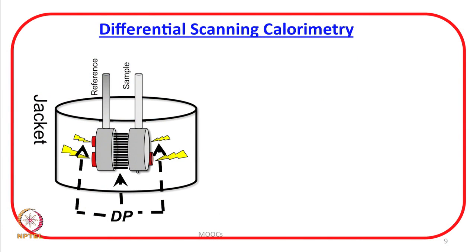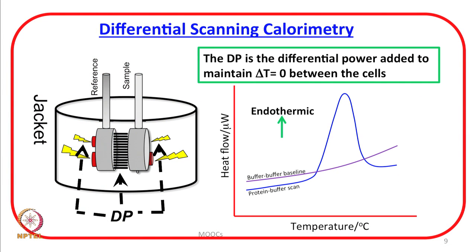So, let us go back to the same slide where I explained the principle of differential scanning calorimetry and discussed that the output for the protein sample taken in the sample cell will be like this, and when you just take buffer in both, that is called the buffer baseline scan.